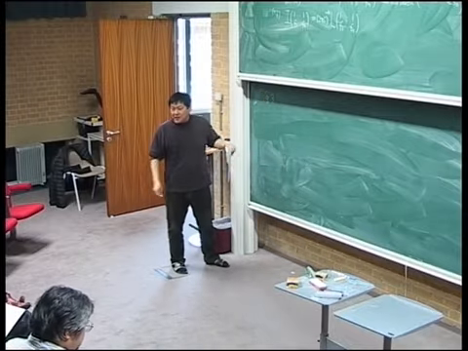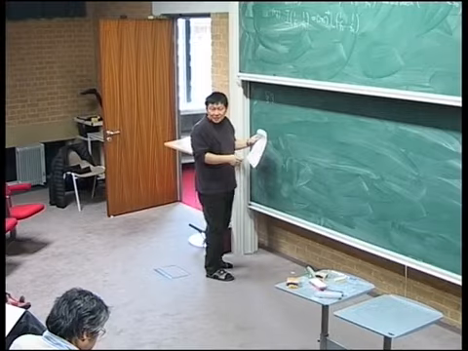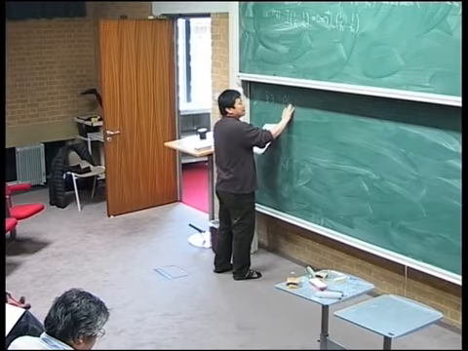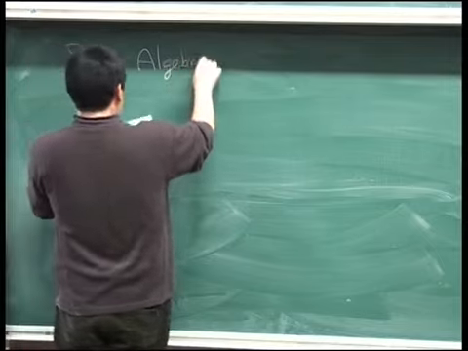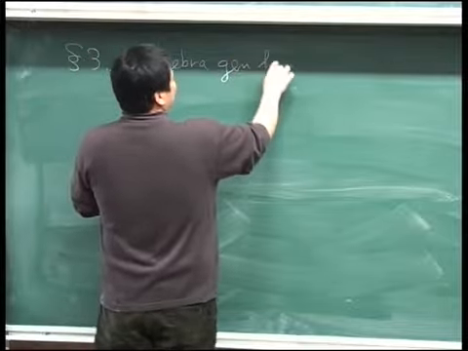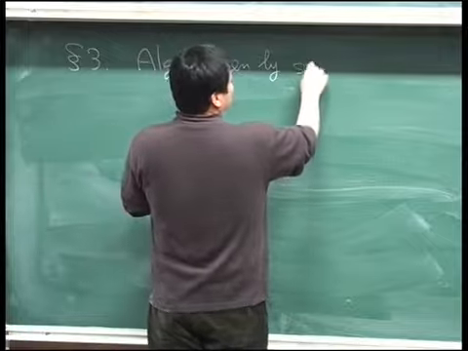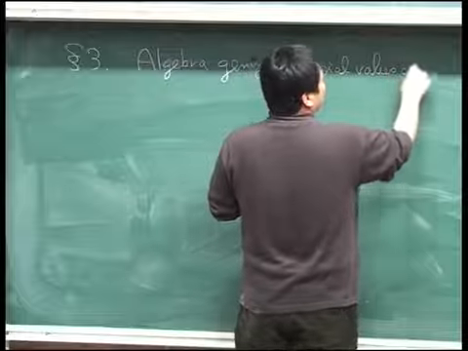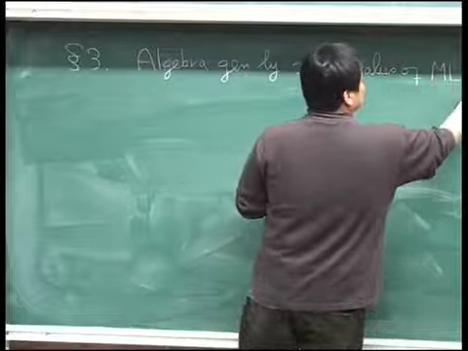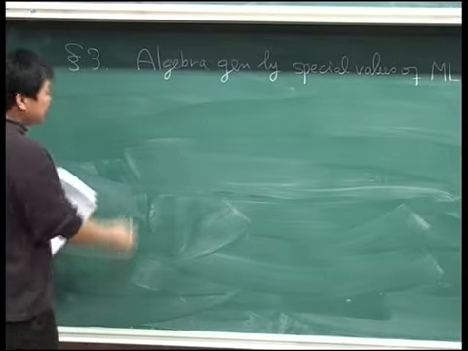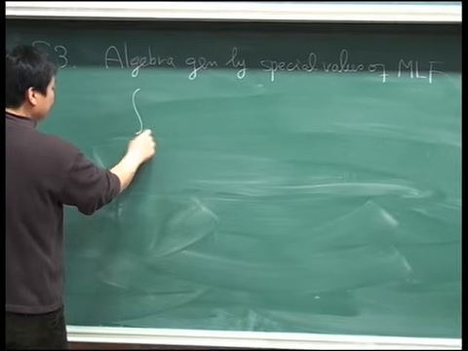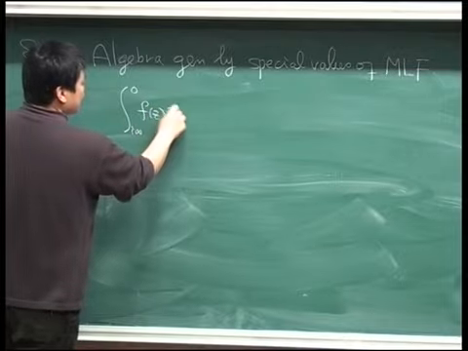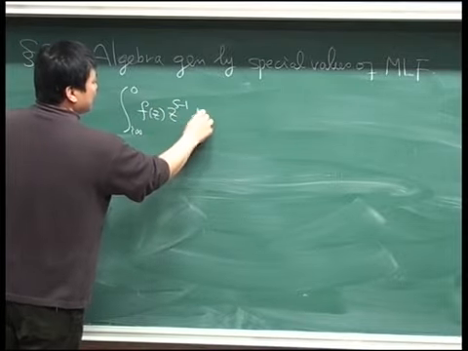In this section, we set up the algebra generated by special values of multiple L functions. So in the classical case, minus 1.